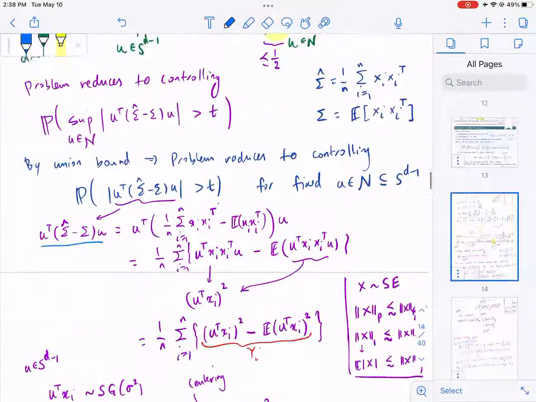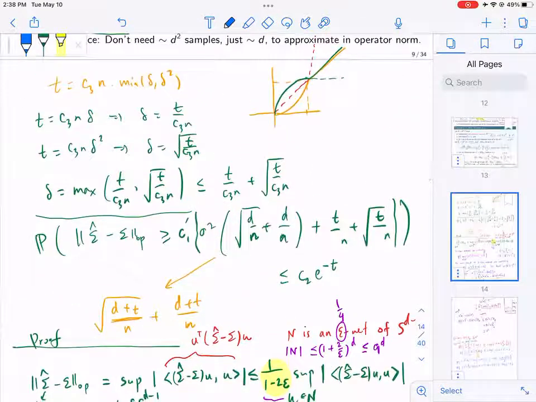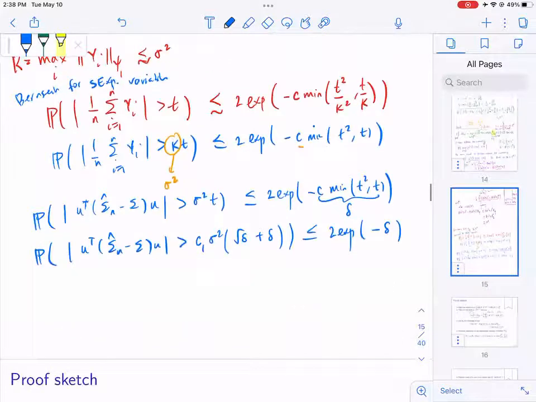That's the trick that I mentioned here. To invert something like this, you just invert each branch and then you take the maximum. The inverse of this would be root delta, the inverse of this would be t, and then you take the maximum. The maximum is bounded by the sum, so it's a little bit simpler.